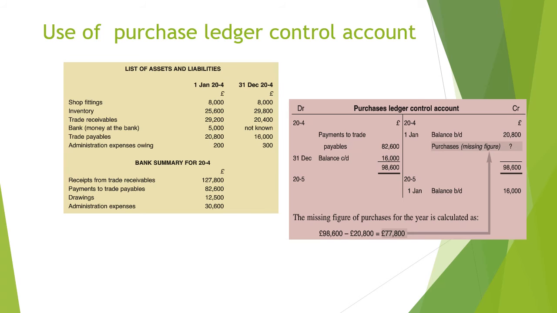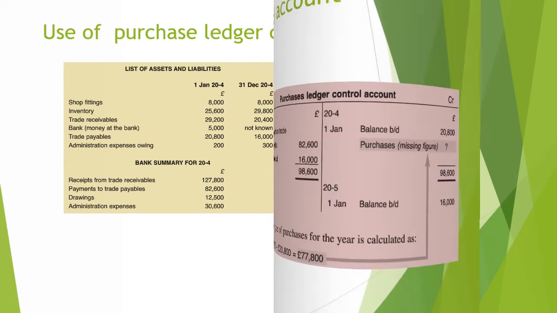Now purchases is the missing figure, what we have purchased during the year. We have the payment, and we have the carried down balance, so it's easy to find the purchases figure, which is £98,600 minus £20,800 is equal to £77,800.